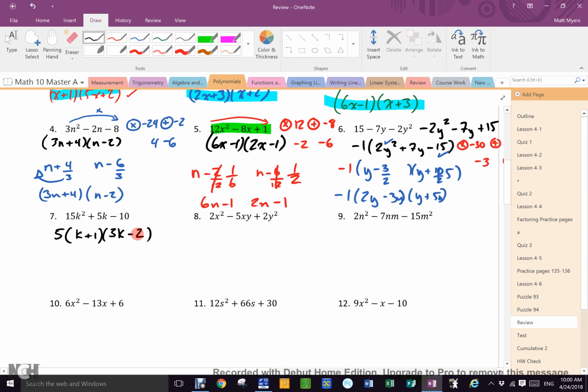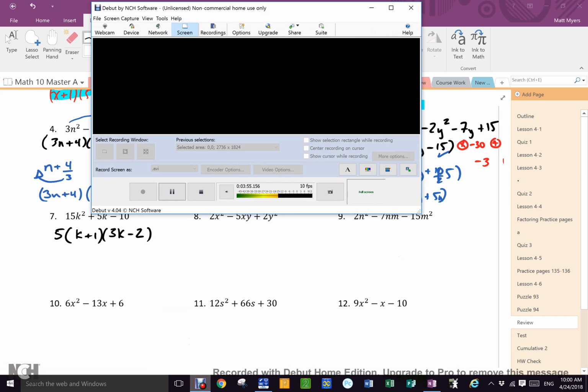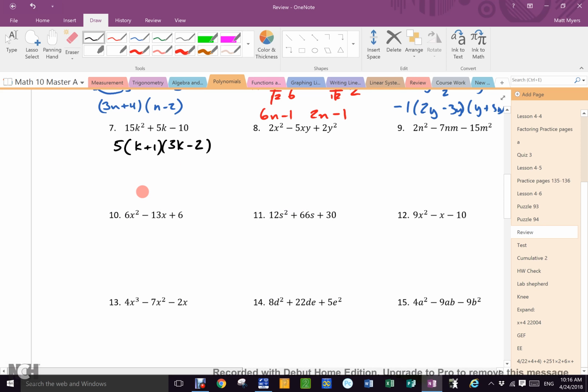This should have been 2, not 10. I know the usual people will have answers for me. 2x negative y. 2x minus y. X minus 2y. X minus 2y. Perfect. Next.